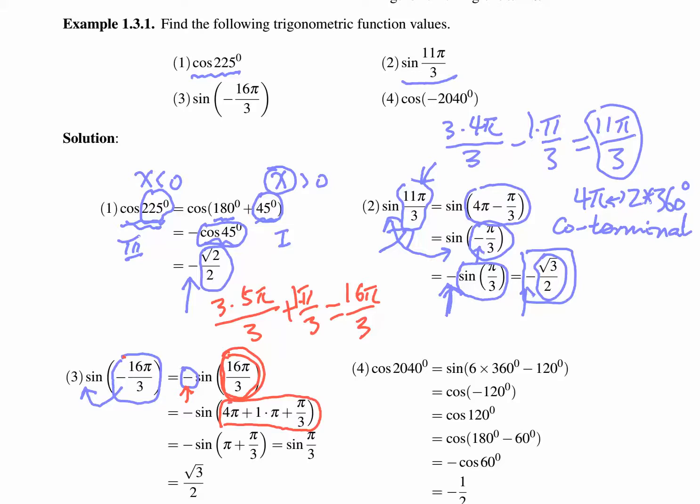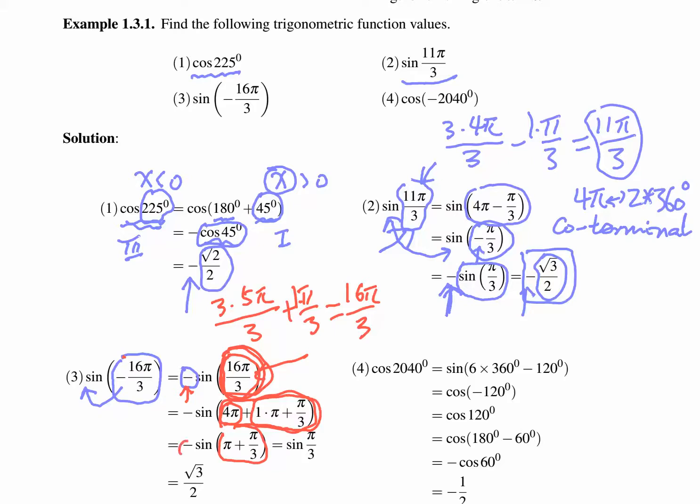Again, there is a 4 pi here, which tells us this angle 16 pi over 3 is the coterminal angle of pi plus pi over 3. That's why sine of pi plus pi over 3 equals sine 16 pi over 3.